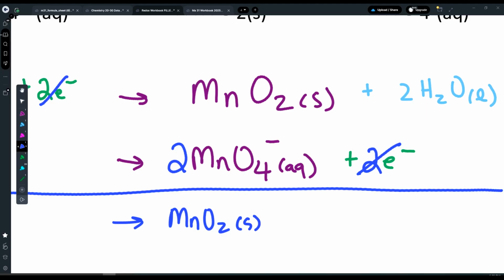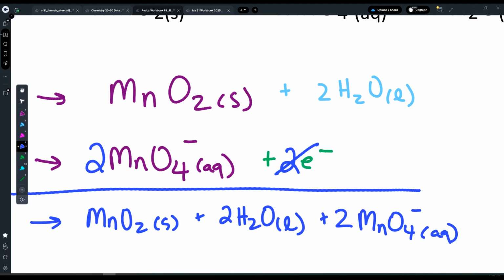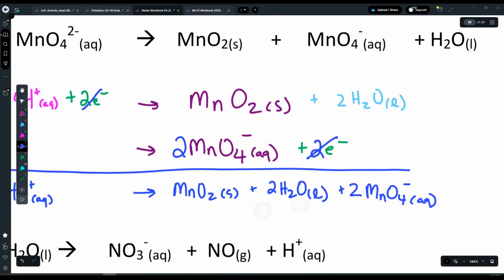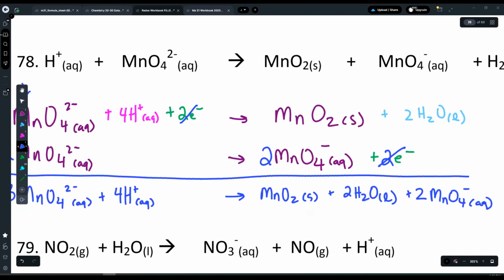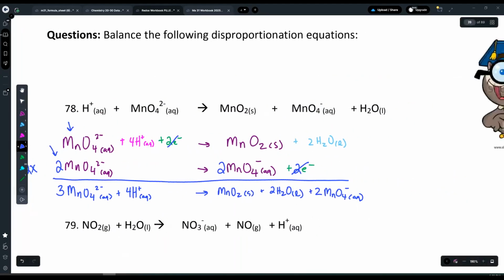Solid, plus 2 waters, plus 2 permanganate ions, aqueous. There we go. So don't forget to write charges and states where applicable here.